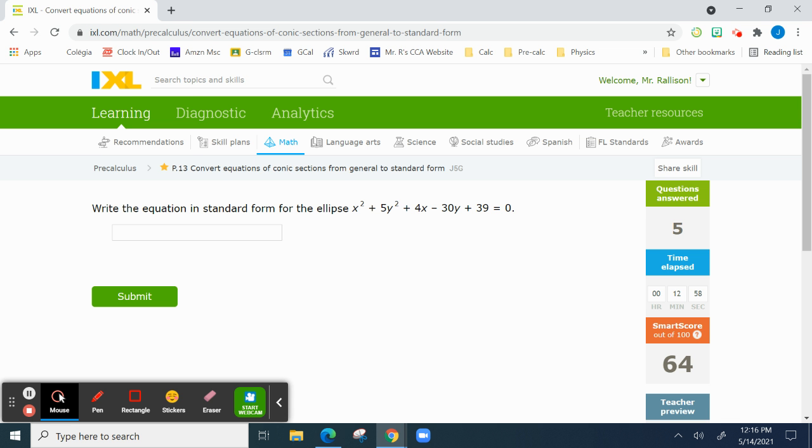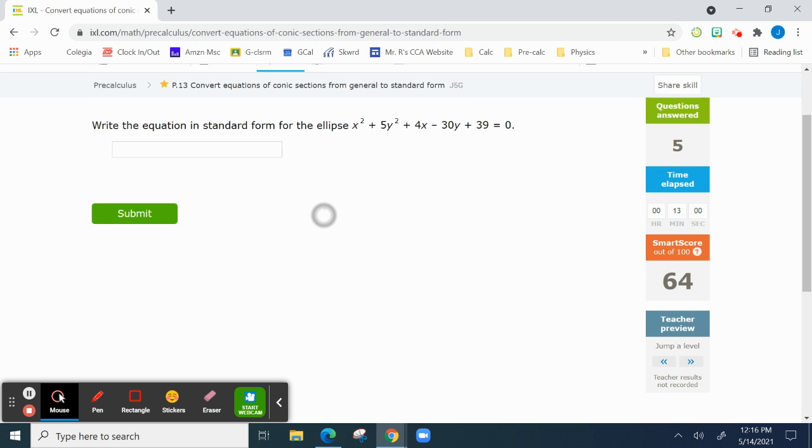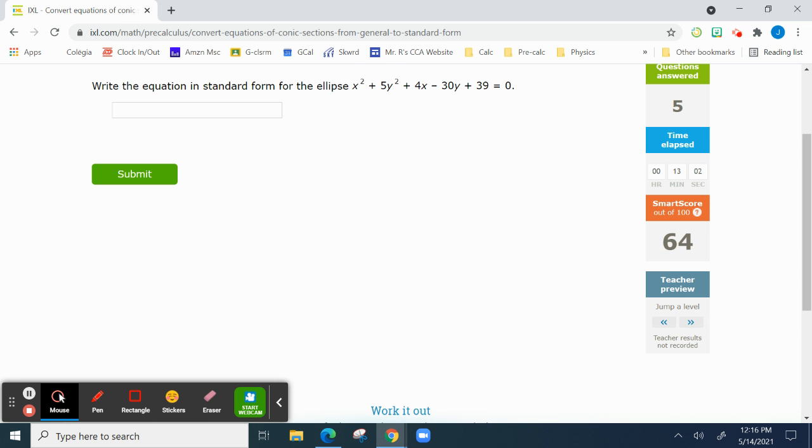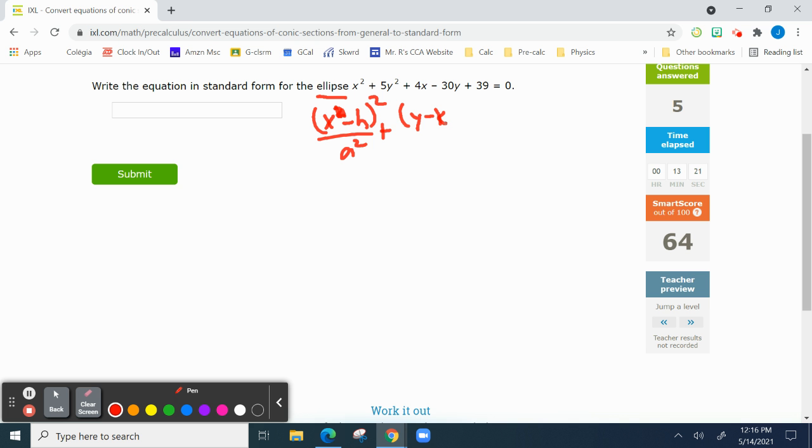Oh boy, look at that. We have a double completing the square. Okay, so first of all, it's an ellipse, right? And if you remember the formula for an ellipse, it's x minus h squared over a squared plus y minus k squared over b squared equals 1, right?